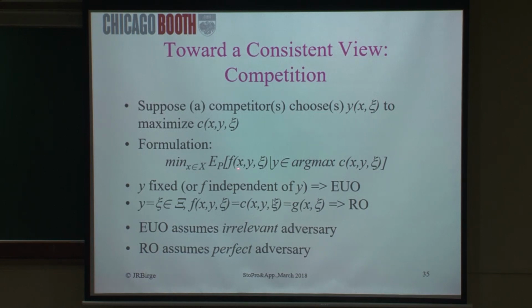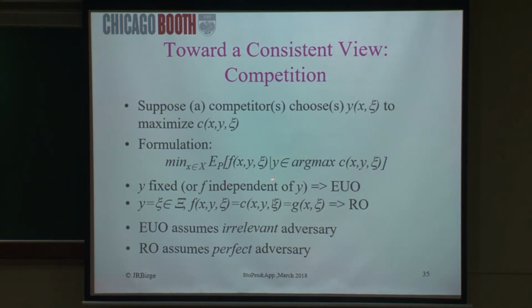So if you have a competitor, the competitor gets to choose what action to take for each of the possible outcomes. Then your competitor can choose the worst case for you for every possible realization within this uncertainty set.